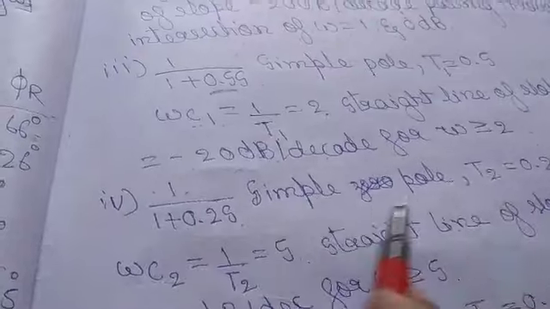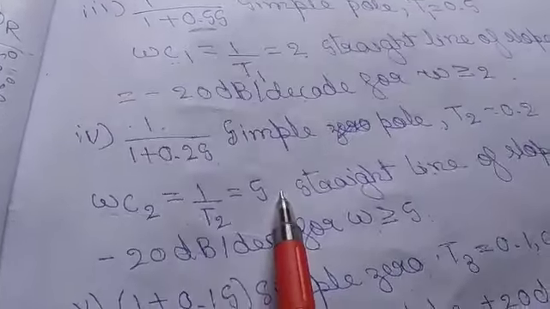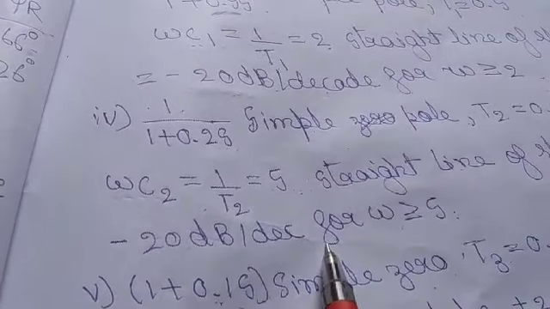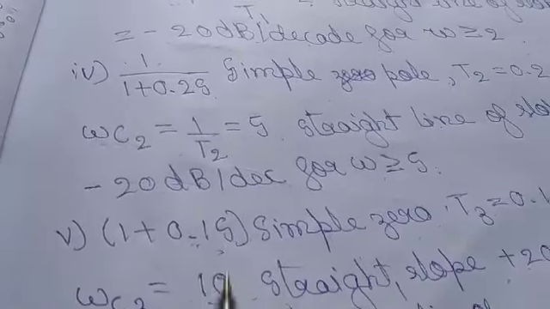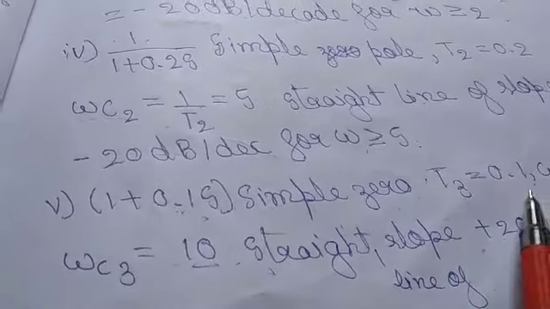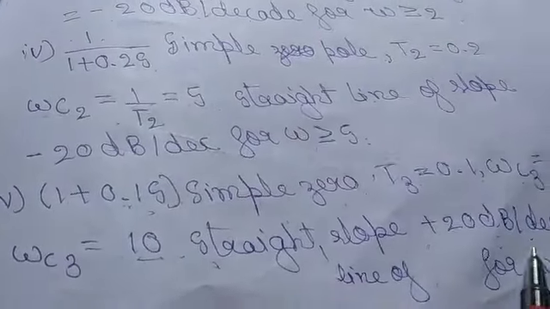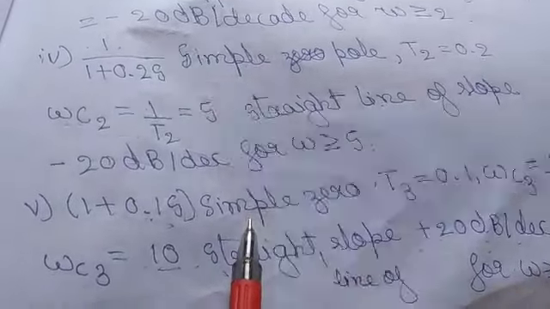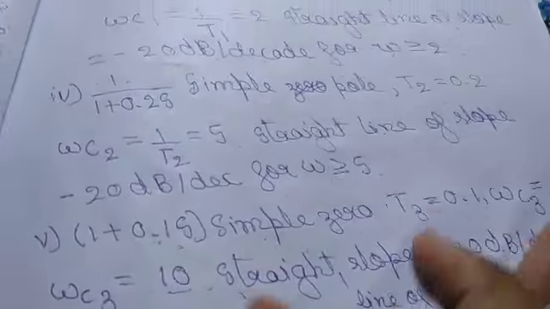Next, a simple pole with omega C2 equal to 5, slope minus 20 dB per decade for omega greater than or equal to 5. Next, a simple zero: find omega C3, and you get plus 20 dB per decade because it is a simple zero.